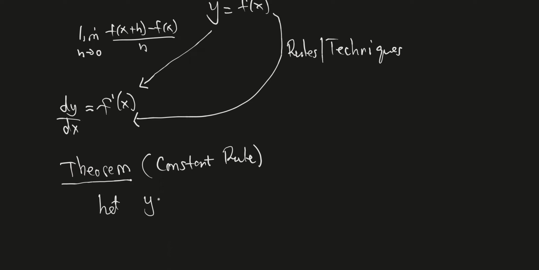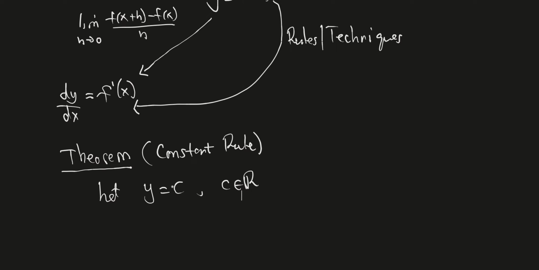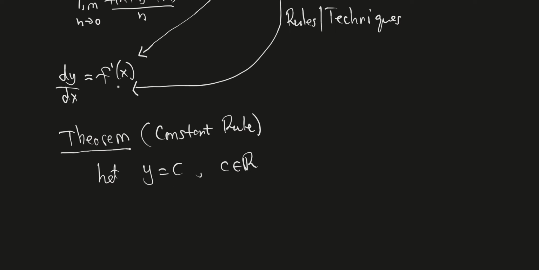Well, it's something like y equals c, where c is any real number. So let's set up our difference quotient, right? I'll use the D notation here. Since we've used the prime notation a lot, let's balance it out and get used to the other notation as well.